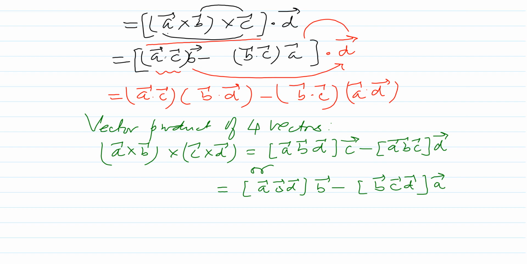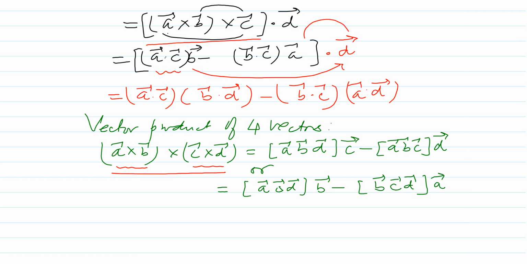This is a vector product of four vectors, but we know the idea about the vector product of three vectors. So either you can choose this as a new vector or you can choose this as a new vector.